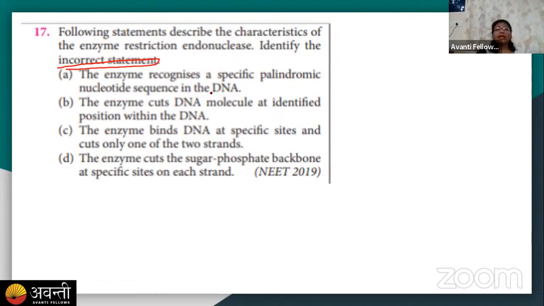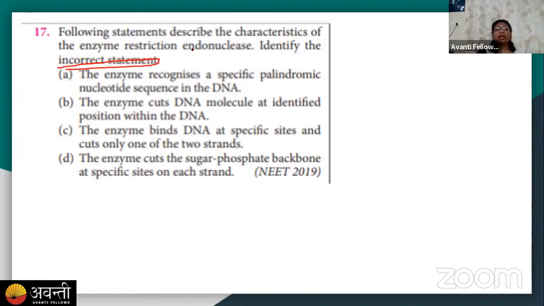Option B says the enzyme cuts the DNA molecule at an identified position within the DNA. Option C says the enzyme binds DNA at specific sites and cuts only one of the 2 strands. Option D says the enzyme cuts the sugar phosphate backbone at the specific site on each strand.